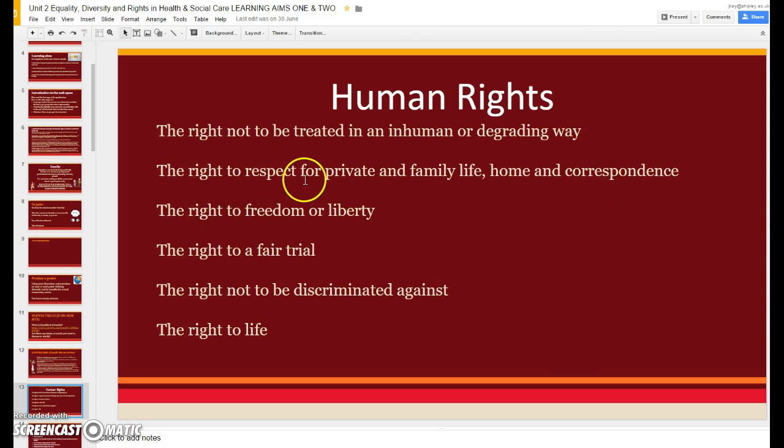The right to respect for private and family life, home and correspondence. If you're not sure what this means, I will go through it with you in class. The right to freedom or liberty. The right to a fair trial. The right not to be discriminated against, and the right to life.